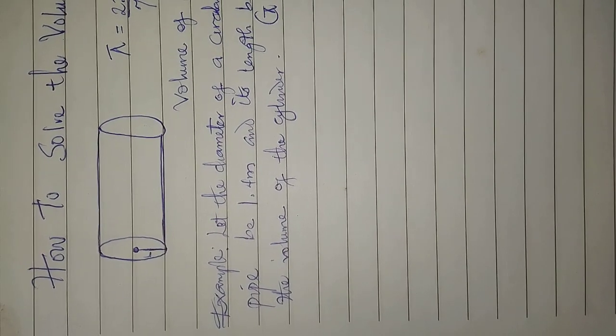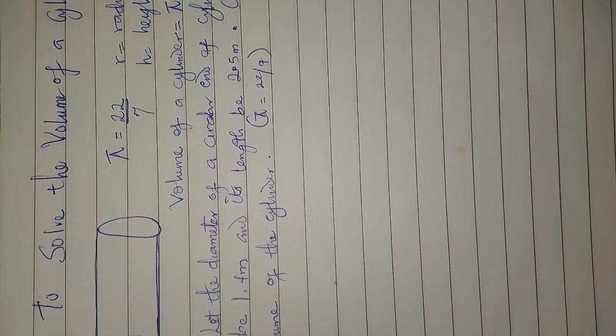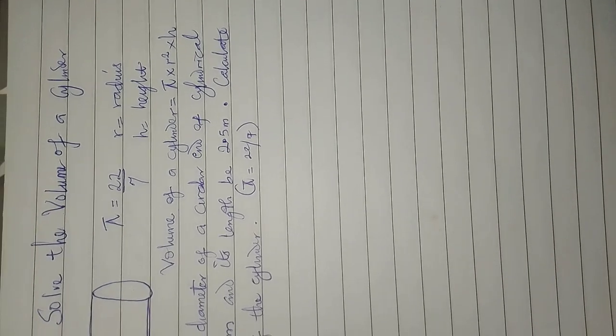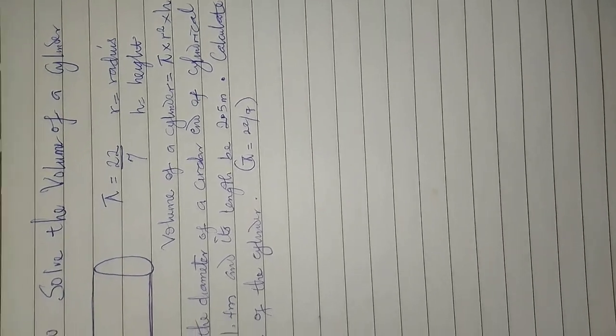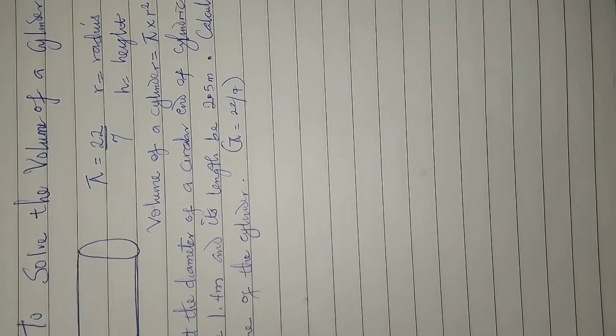Now we have an example. Let the diameter of a circular end of a cylindrical pipe be 1.4 meter and its length be 2.5 meter. Calculate the volume of the cylinder.